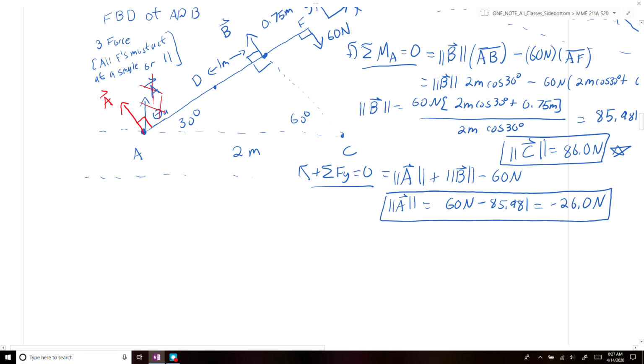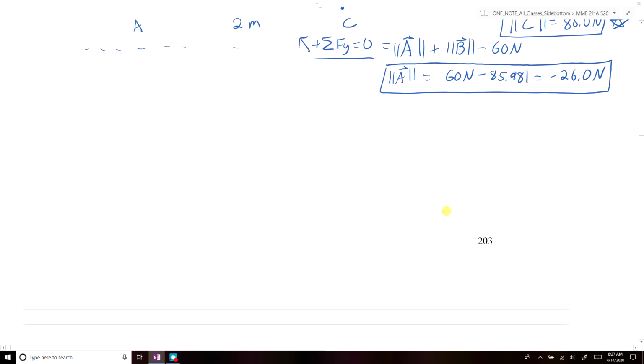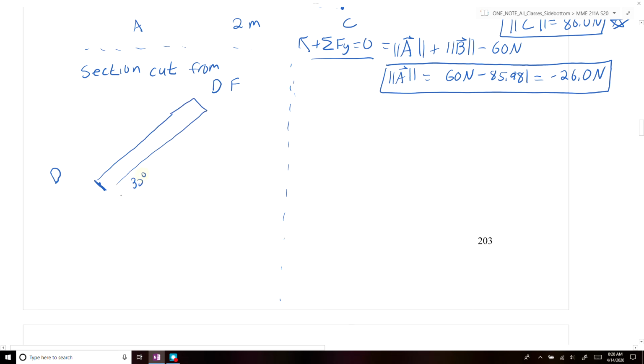So with this information, what we're going to do now is take a couple of section cuts. So we're going to take a section cut from point D to point F. So what this will look like here is we'll have our section cut at D. All right, and then this is at a 30-degree angle here.